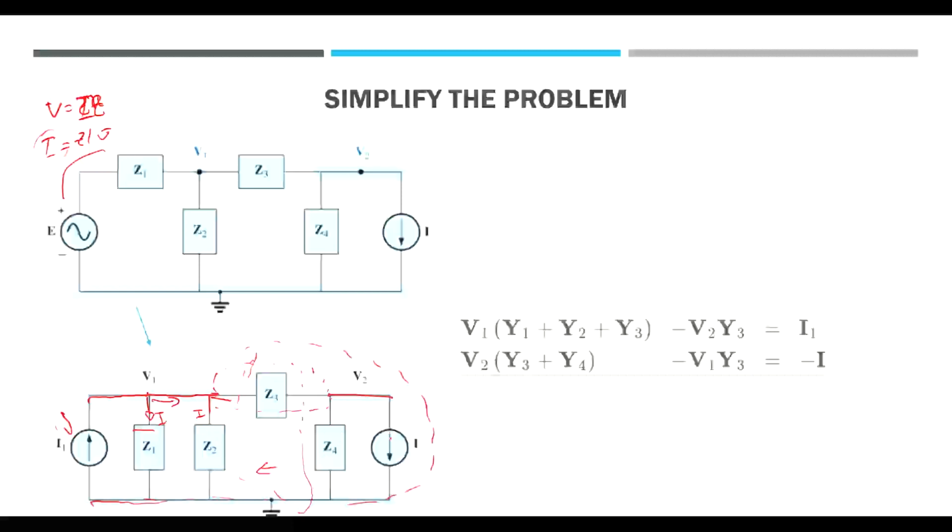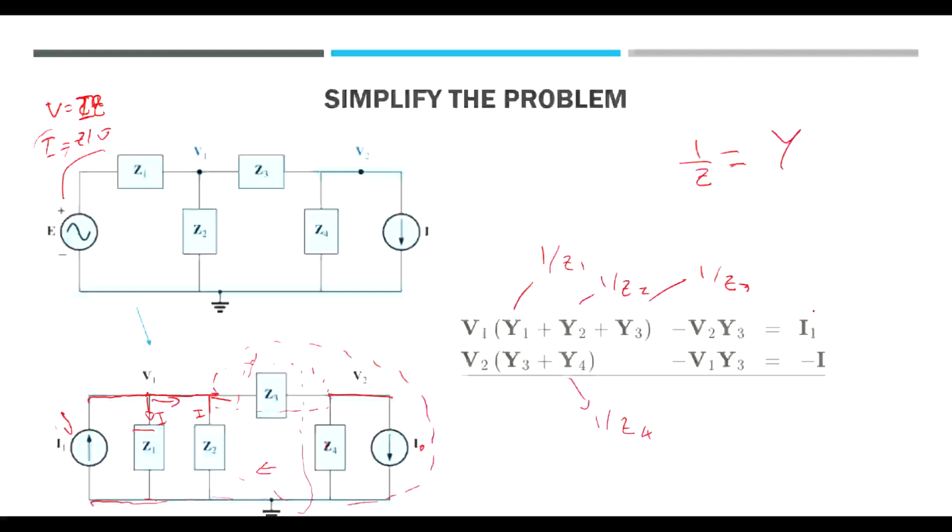Once you do that for the other side, which is going to be V2 minus V1 over Z3 plus V2 divided by Z4 plus I, where this I is not the same as this one, this one is I naught, this one is I1. Once you do that, you're going to get a system of equations. Remember, the admittance is 1 over Z1, this is 1 over Z2, this is 1 over Z3, this is 1 over Z4, because 1 over impedance is the same thing as the admittance.